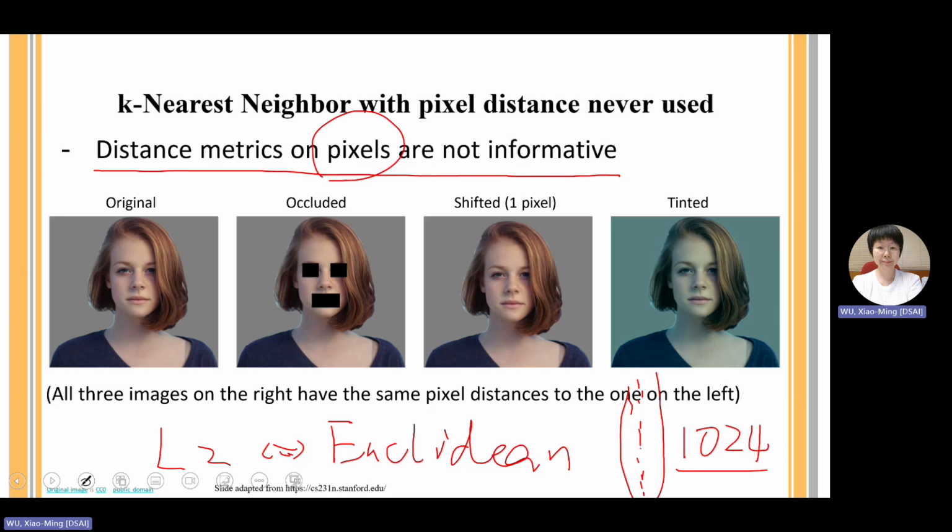This is an example showing that the L2 distance, or Euclidean distance, is not a good distance metric on pixels.